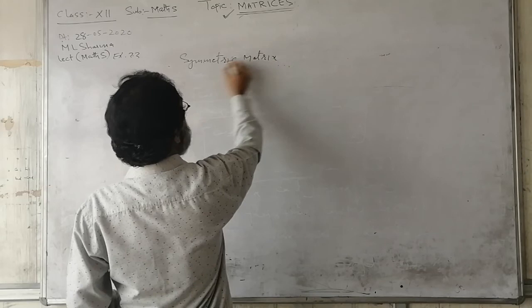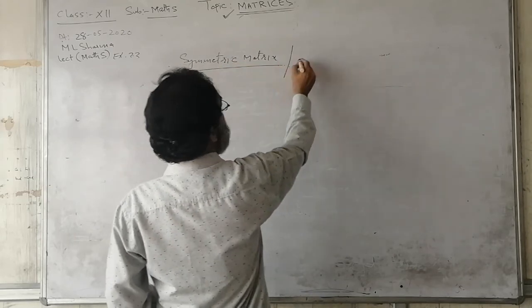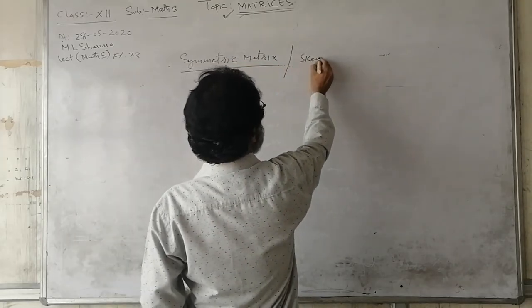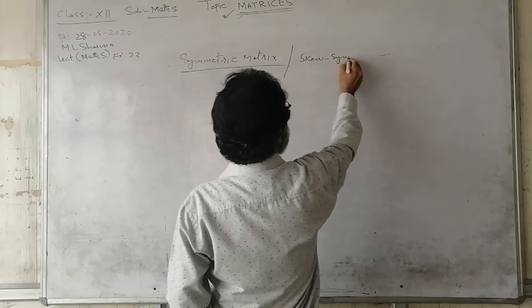One is a symmetric matrix, and the other is skew symmetric.